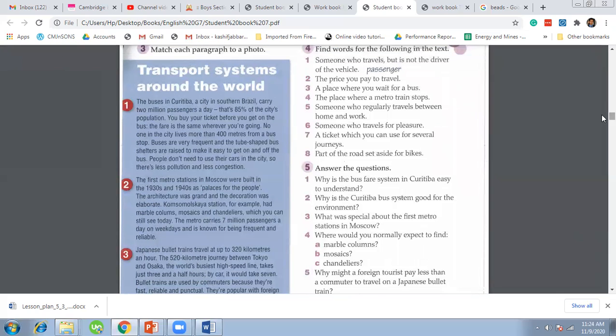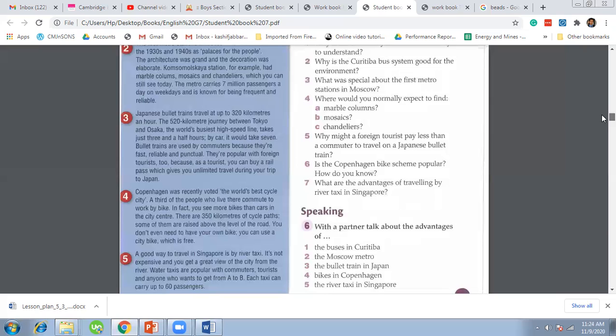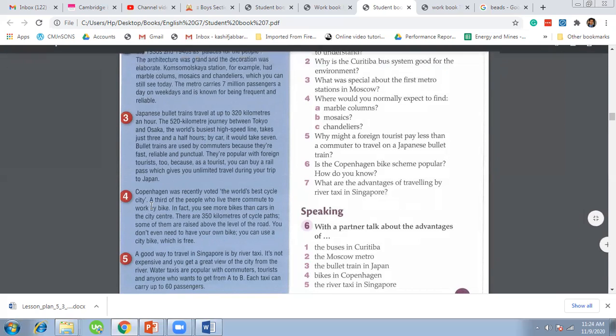The first one about the city Curitiba in southern Brazil, right? And then we saw the Japanese bullet trains, and number four was Copenhagen city. This is the world's best cycle city. And at the end, we saw the Singapore river taxis, right?